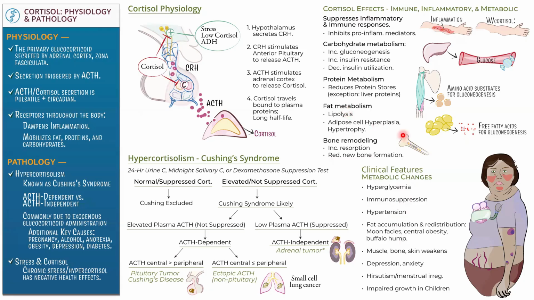The other one is, given that it leads to fat metabolism, lipolysis, it will lead to fat accumulation and redistribution. So the person will have moon facies, that is moon-faced. The eye looks like it's moon-shaped, as you can see here. The other one is buffalo hump. So the person has a buffalo hump. The other one is central obesity.